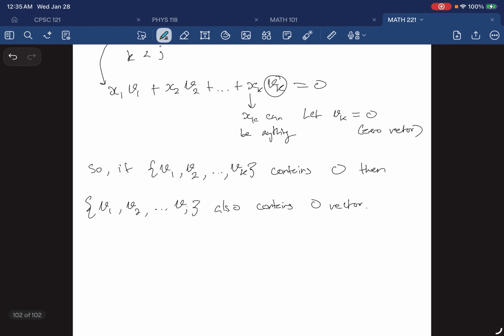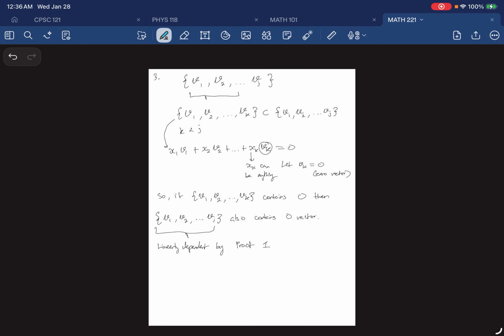And this means that the whole set v1 to vj is linearly dependent by proof number 1. Right? So that's the proof.